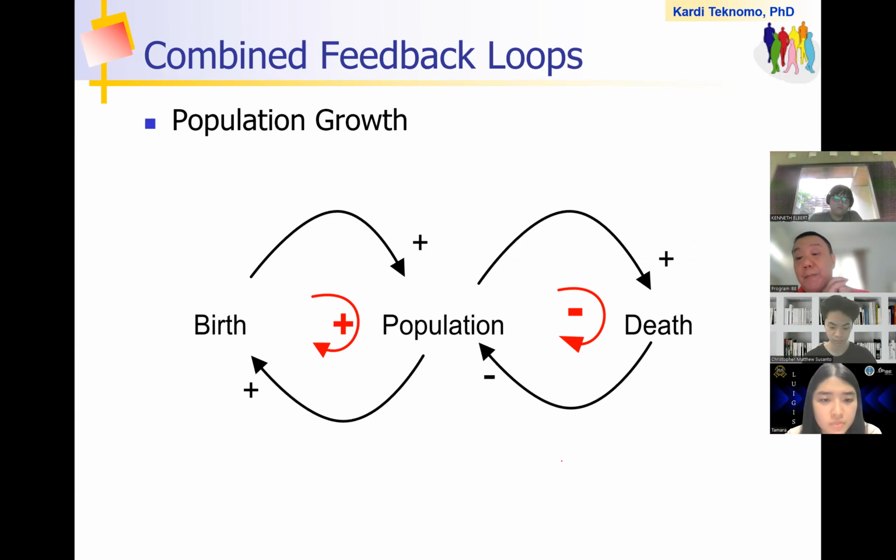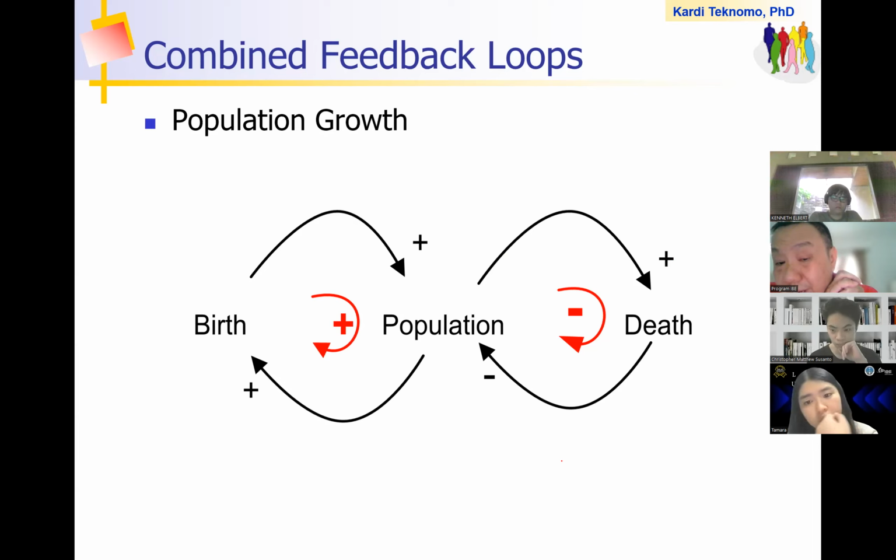So here is an example. We have a negative feedback loop and a positive feedback loop, isn't it? So what will happen to the system? If the positive feedback loop grows bigger than the negative feedback loop, the population increases, right?